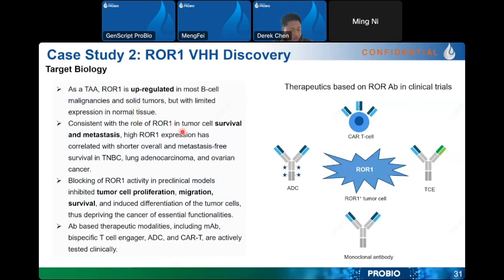In recent years, it is one of the most popular drug targets for a variety of therapies, including CAR-Ts, ADCs, T-cell engagers, bispecific antibodies, and monoclonal antibody drugs.